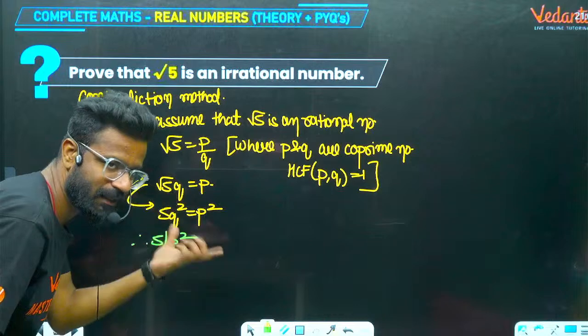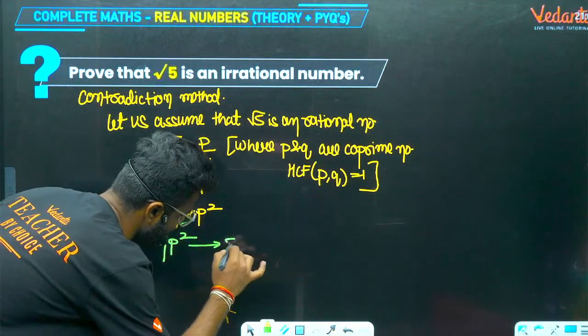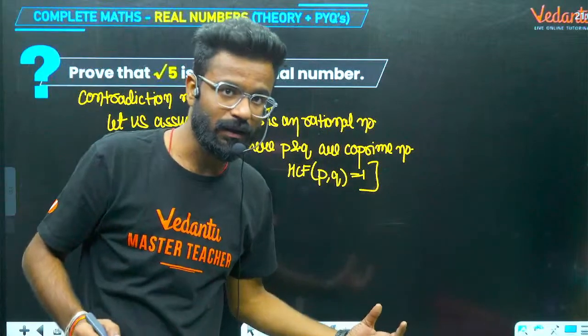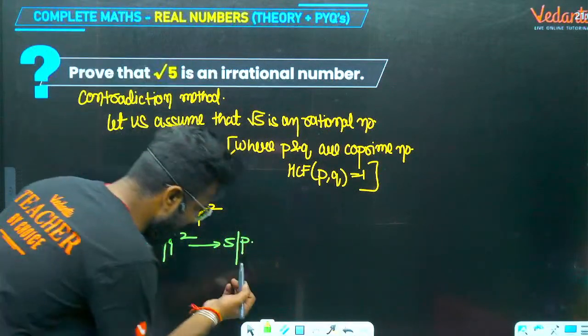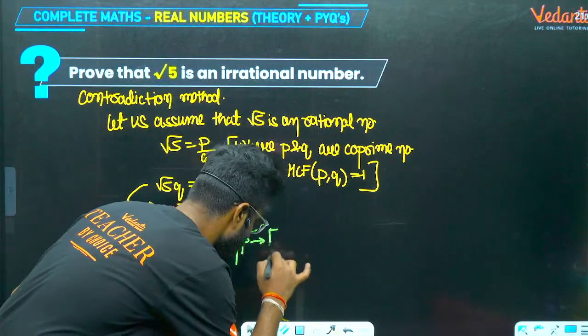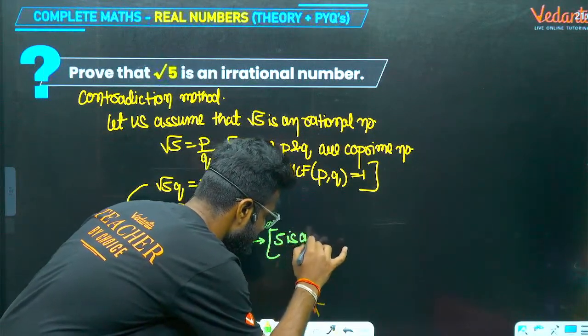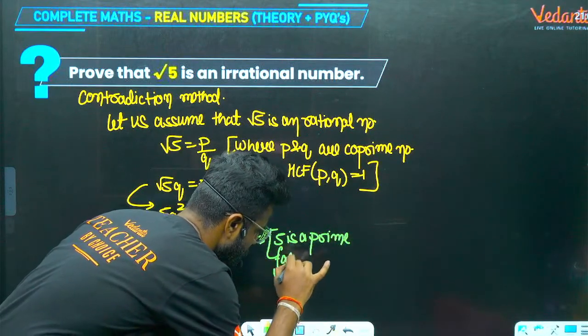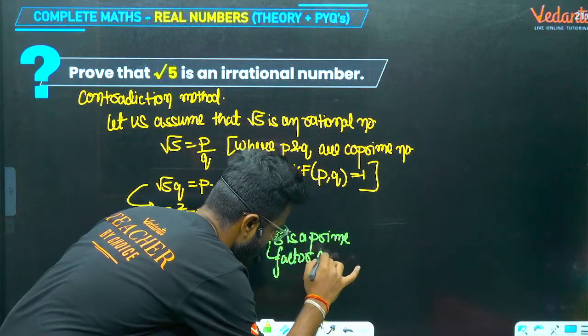If 5 divides P square, it simply divides P also. Means 5 is a factor of P. Simple. 5 is a prime factor of P.